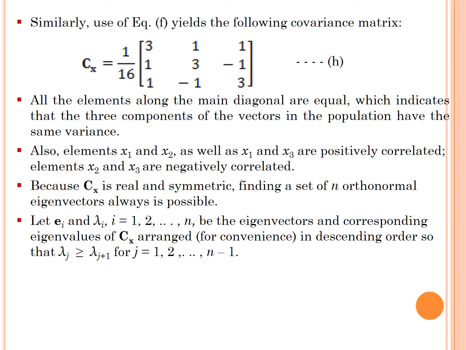Because C_x is real and symmetric, finding a set of n orthonormal eigenvectors is always possible. Let e_i and lambda_i, for i equal to 1 to n, be the eigenvectors and corresponding eigenvalues of C_x, arranged in descending order so that lambda_j is greater than or equal to lambda_(j+1) for j equal to 1 up to n minus 1.